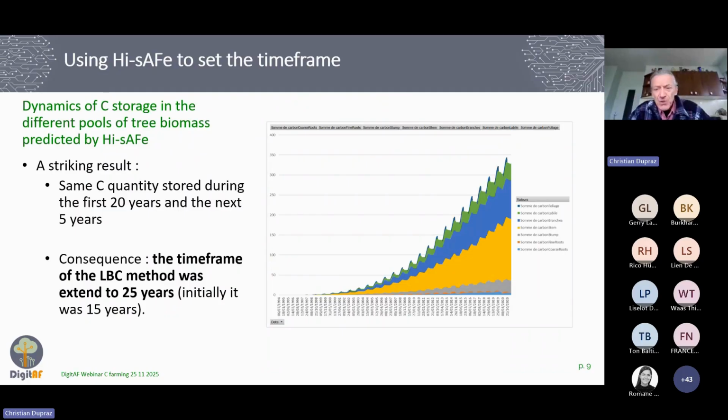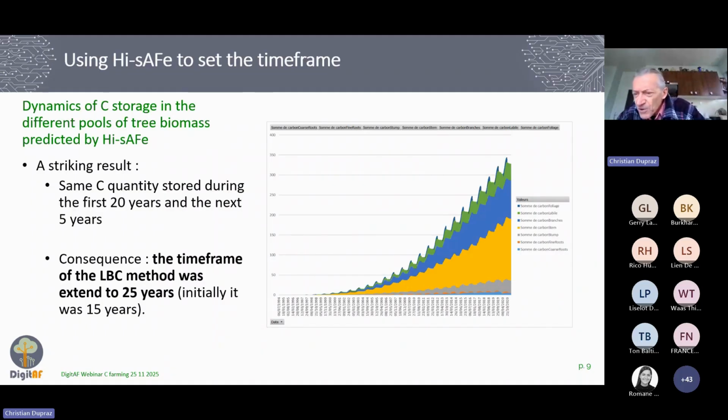When we use the model, we can have the dynamics of the carbon storage in the different pools of the tree biomass. This graph is showing you the different pools of carbon in the tree. The green is the labile carbon, the reserve carbon, and the foliage is the very small part on the top of the graph.